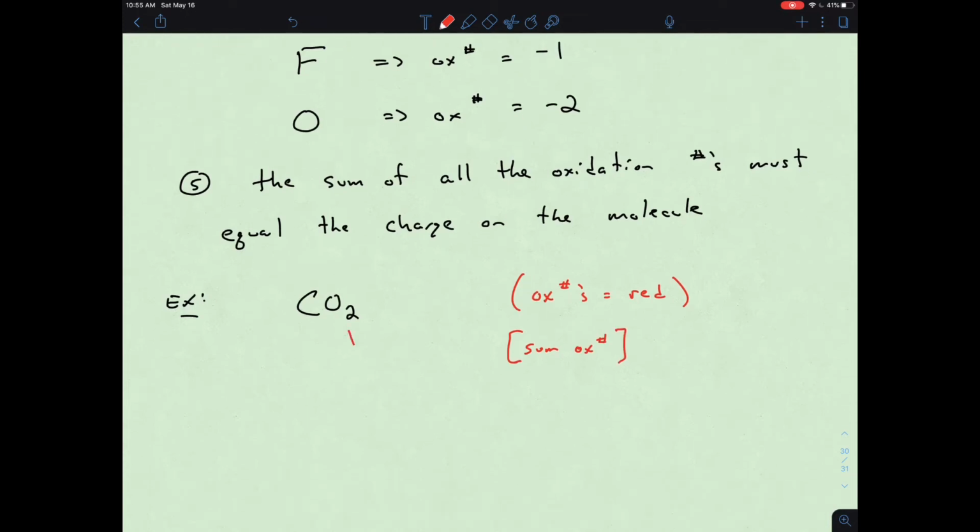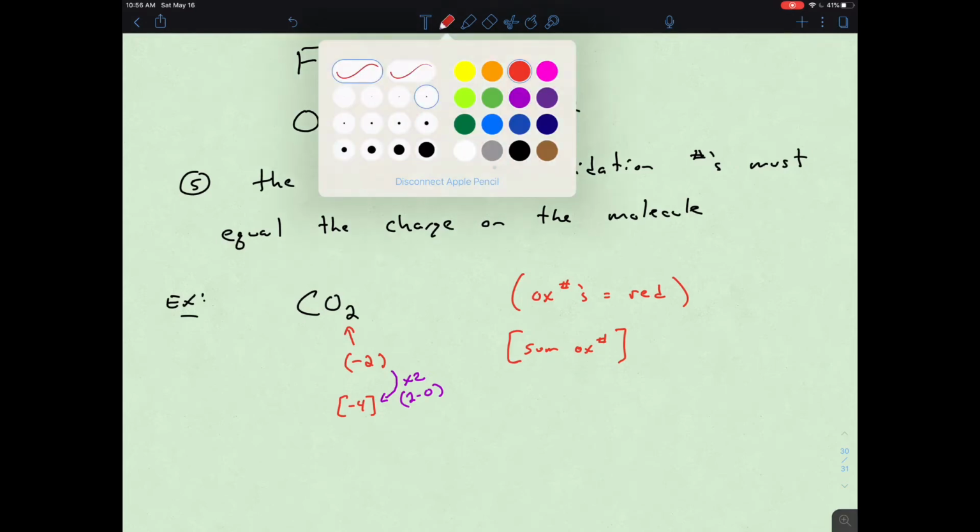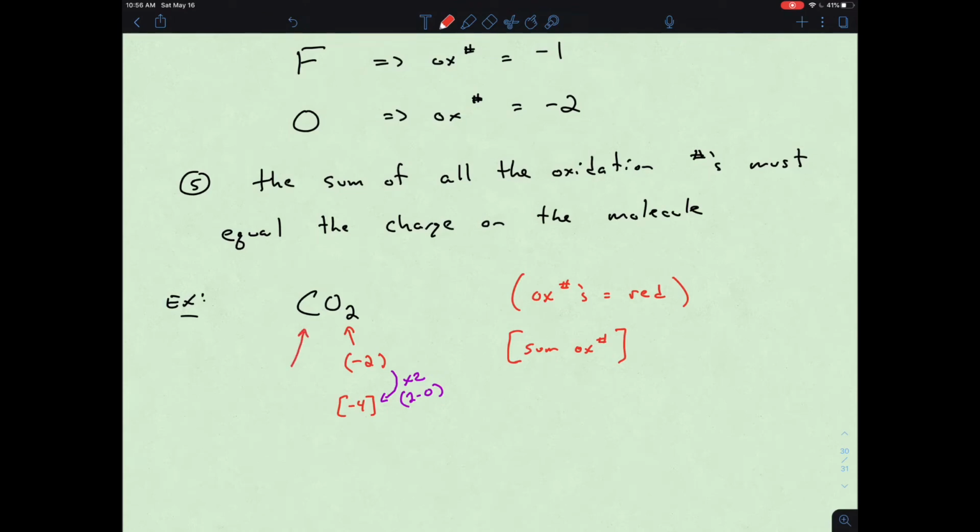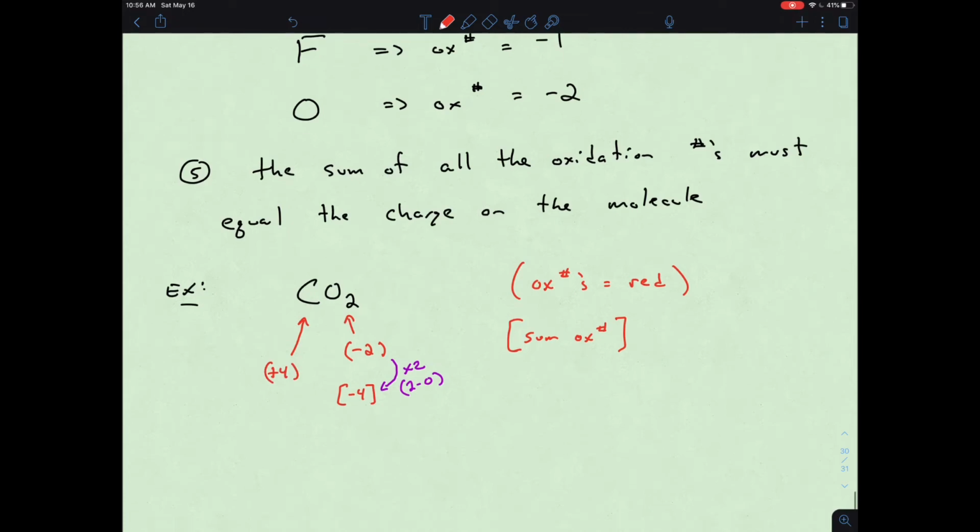If we look at our oxygen, oxygen is our go-to element. It's going to have a -2 oxidation number. But if we count how many there are, there's actually 2 of them. So I need to multiply by 2 because there are 2 of those oxygen elements in the molecule. That means that my carbon must be in this +4 oxidation state, or have this +4 oxidation number.